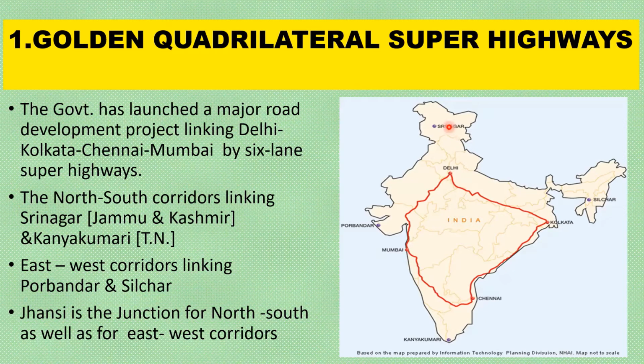The north-south corridors link Srinagar, that is Jammu and Kashmir, to Kanyakumari in Tamil Nadu, and the east-west corridors link Porbandar in Gujarat to Silchar in Assam. Here Jhansi is the junction for both the north-south and the east-west corridor.